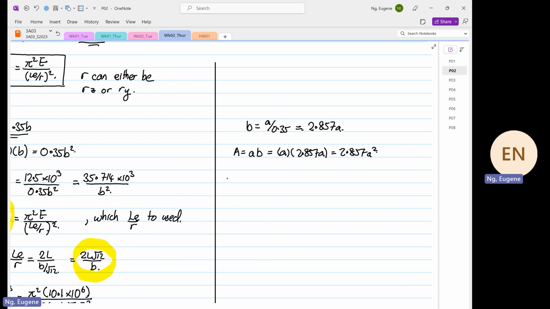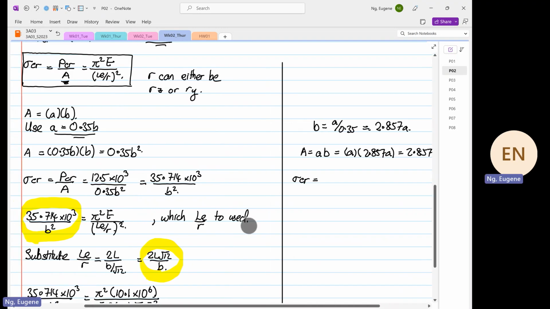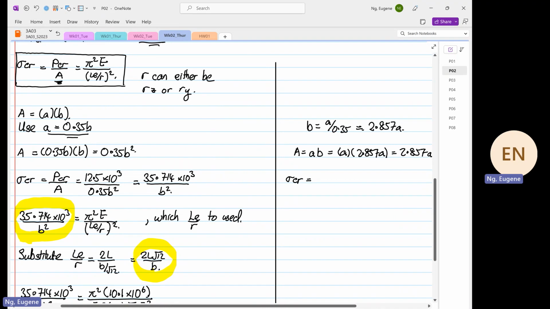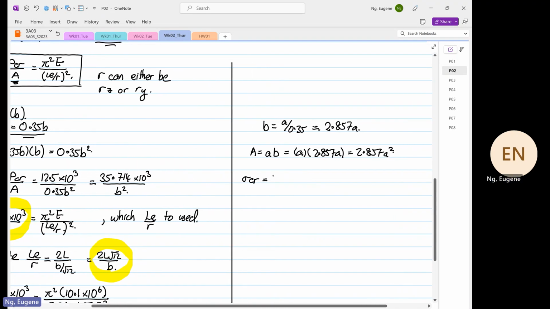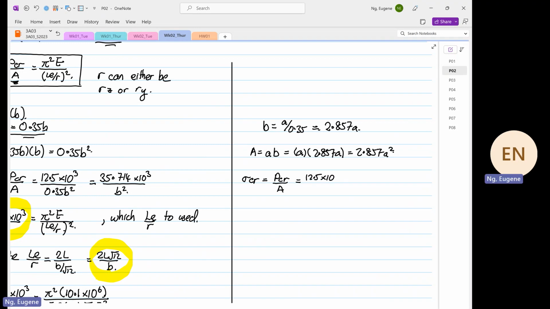So our critical stress is equal to our critical load, which is 12.5, divided by our area. So this will be equal to 12.5 times 10 to the power 3, and now our area is 2.857A squared.